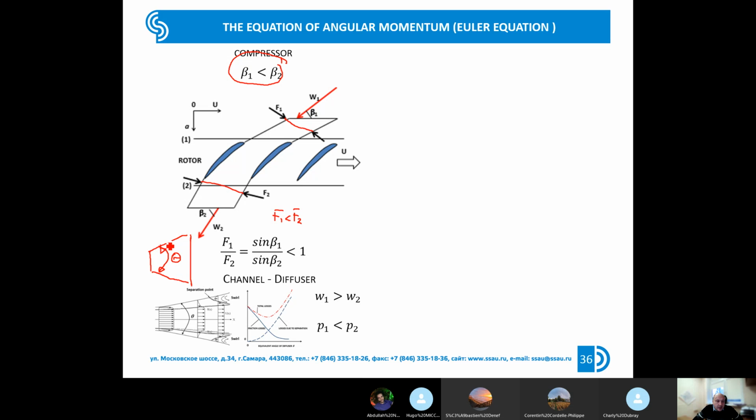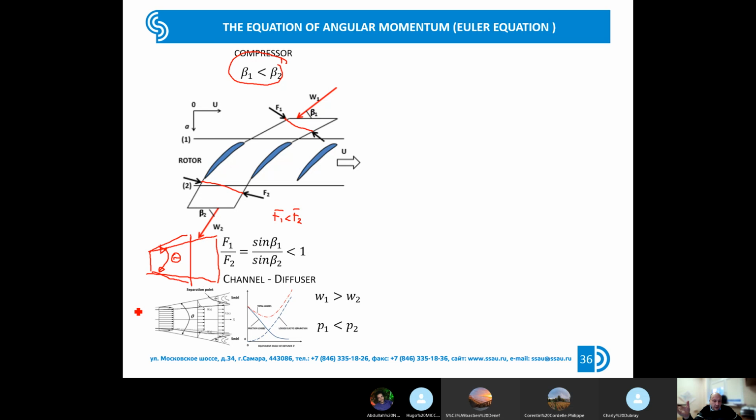Of course, if you do not want separation, you can reduce this angle, but finally it will lead to an increase in the length of the diffuser. And increasing the length of the diffuser increases the losses related to friction.